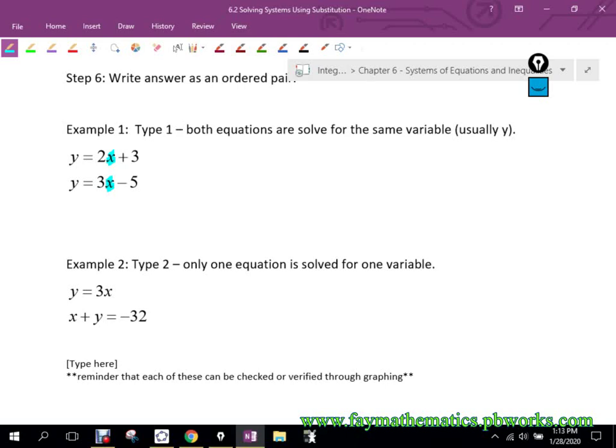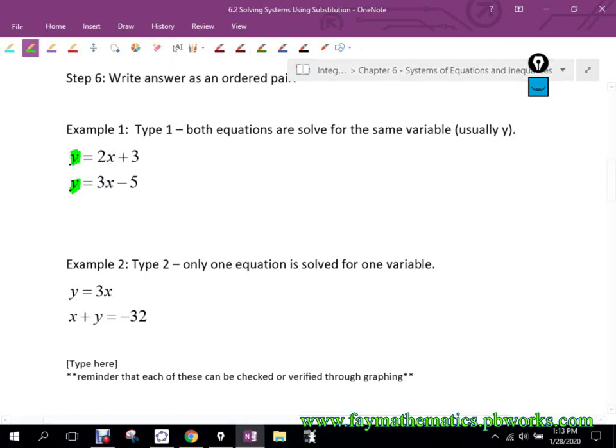On both those lines, the x value was 8 and the y value was 19. So that means at that point of intersection, those 2 y values were identical. Where these 2 lines cross, the x is always the same and the y is always the same. I want to look at the fact that these 2 y's are the same.